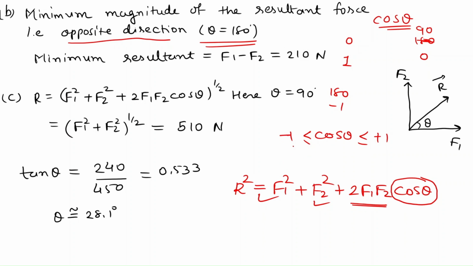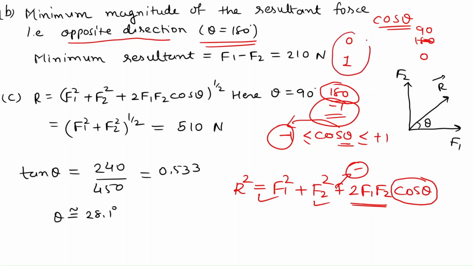Okay, so if we have to take minimum magnitude, take the value of theta that gives minus 1. So we take theta as 180 and it will give us minus 1. If we want to get maximum magnitude, take cos 0.